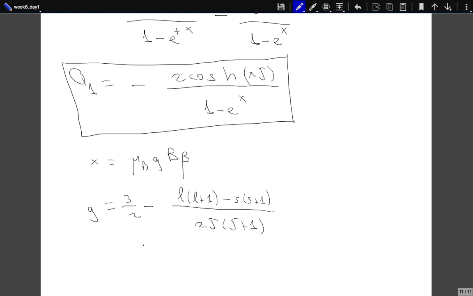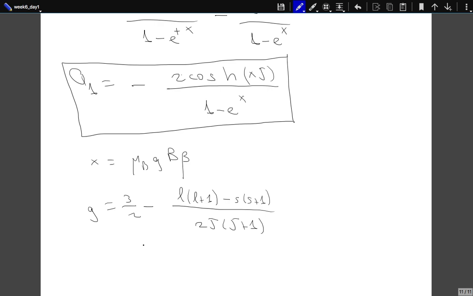As I said, one of the main differences between the classical system and the quantum mechanical system was the discreteness of the energy. In the quantum mechanical system, J only takes certain orientations. You see, what we did in the classical system was we were summing over all orientations.